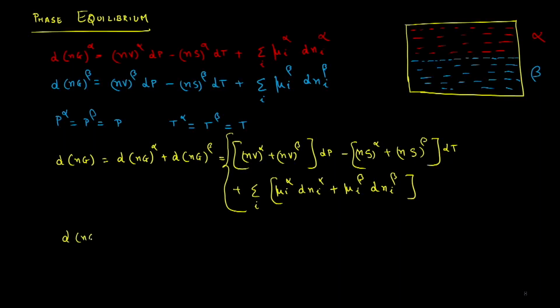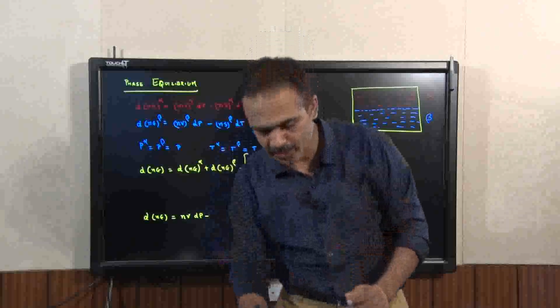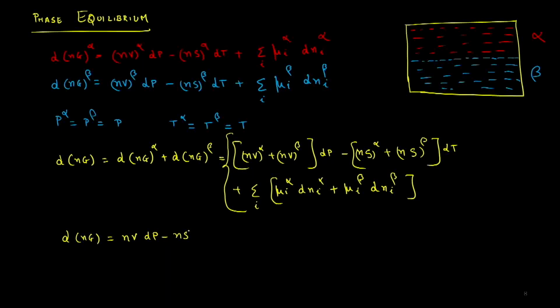So, d(Ng) is going to be equal to Nv, where Nv is the total volume of the system, that for the alpha phase plus that for the beta phase, dP, minus the total entropy Ns, that for the alpha phase plus that for the beta phase, dT, plus sigma over i, this term stays as such, mu i alpha dNi alpha plus mu i beta dNi beta, right?